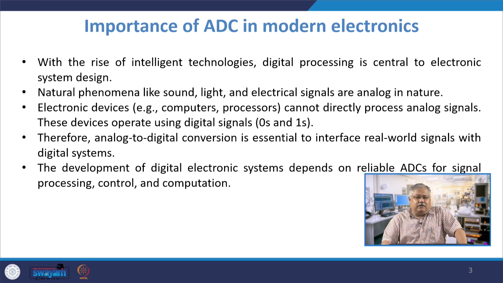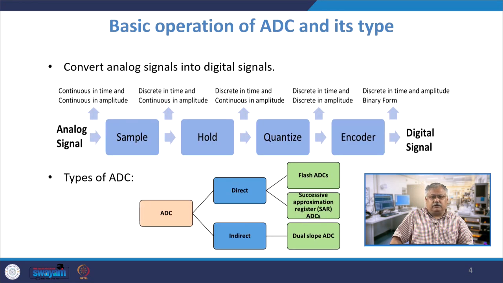Therefore, the development of digital electronic systems depends upon a reliable ADC, or analog to digital converter, so that proper conversion of the analog signal to a digital signal is possible without any compromise on the quality of the output digital signal, right. So, that is the importance of ADC. There is a large amount of literature available on the utility of analog to digital converters in modern electronics. So, let us look at the basic ADC and its operation.